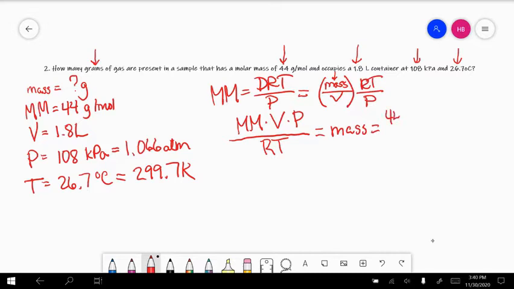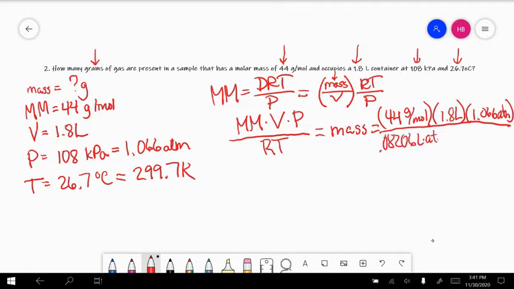So now we can plug in 44 grams per mole, 1.8 liters, 1.066 atmospheres over 0.08206 times 299.7 K. So let's see, we've got moles on the bottom, atmospheres cancels, liters cancels, Ks cancel, and we're left with an answer in grams.